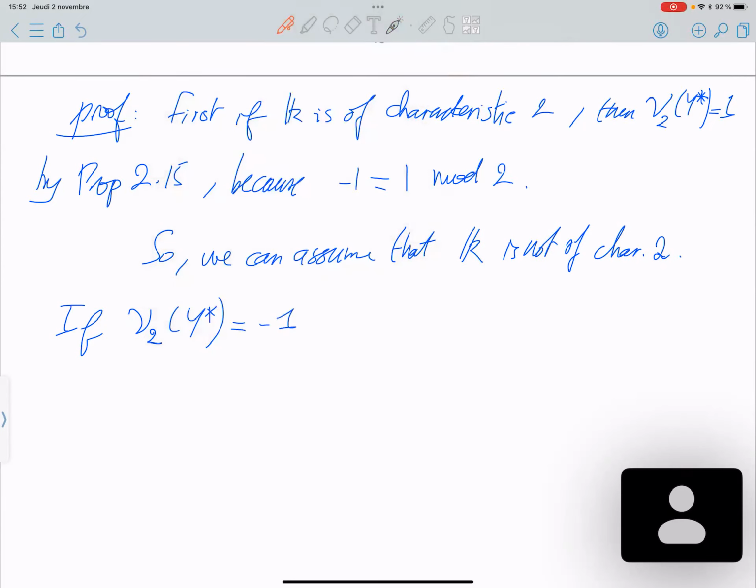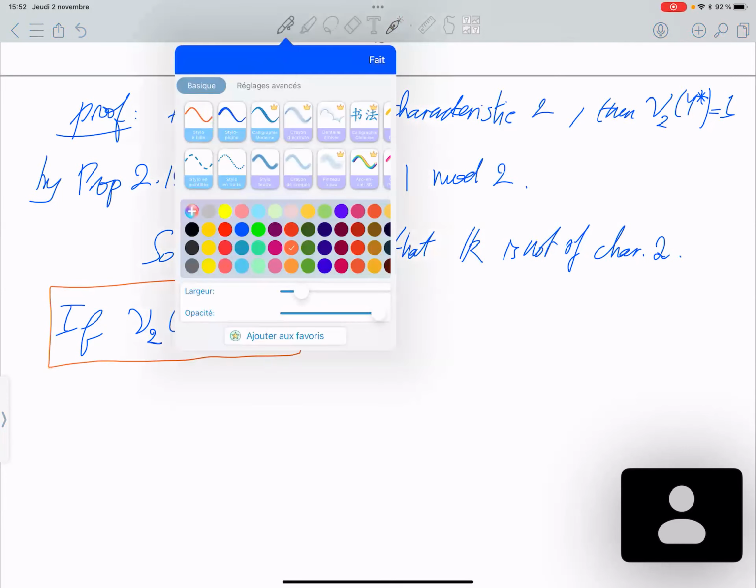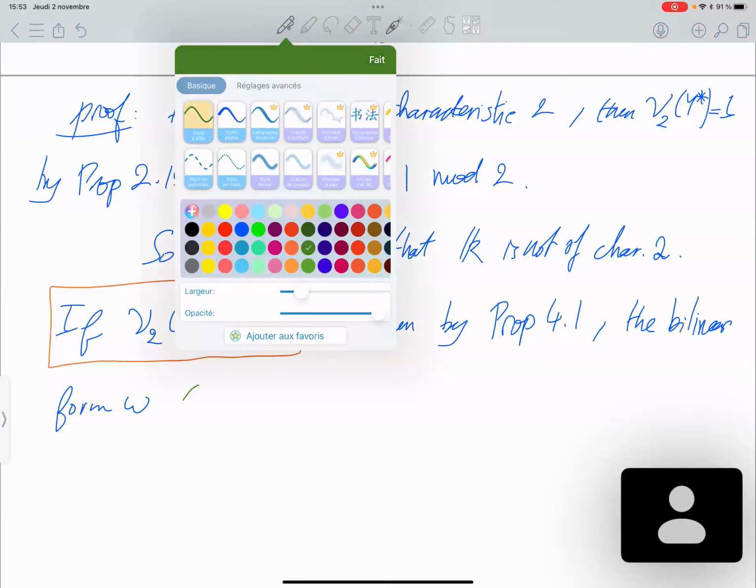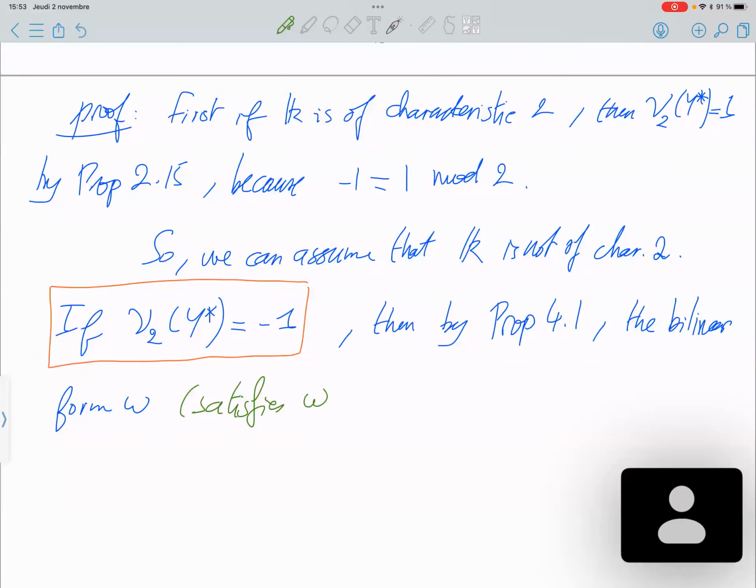So we make this assumption, then by the previous proposition, the bilinear form omega satisfies something like that: omega of alpha, beta.